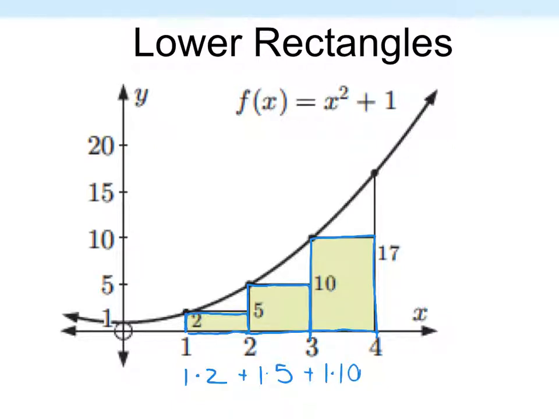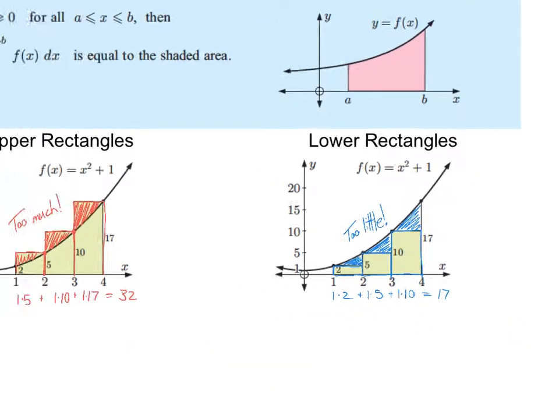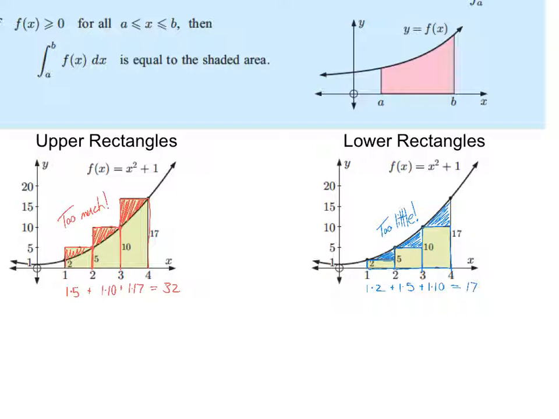So here we have an approximation of 2 plus 5 plus 10, 17 square units. And you'll notice, obviously you can see here, we're missing some. This is too little. So we have too much, we have too little.